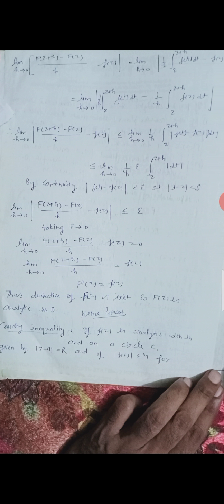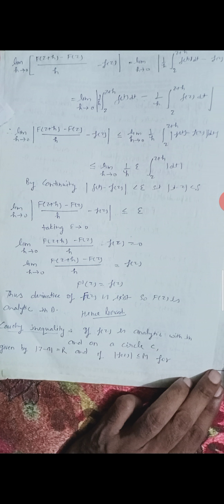Again, the limit as h tends to 0 of [F(z+h) minus F(z)] upon h minus f(z) is equal to the limit of 1 upon h times the integral from z to z+h of [f(t) minus f(z)] dt. So the modulus is less than or equal to the limit as h tends to 0 of 1 upon h times the integral from z to z+h of mod of [f(t) minus f(z)] mod of dt, which is less than or equal to 1 upon h times epsilon times the integral from z to z+h of mod of dt.